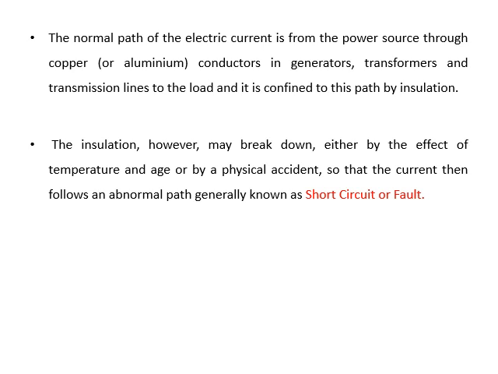The conductors which are present in the generator, transformers and the transmission line are already insulated. But there's a chance that there may be a breakdown in the insulation, or there may be an effect of temperature, or by physical accident the current follows the abnormal path, which leads to a fault. Basically, the overhead transmission lines are bare conductors. They are not insulated. Air acts as the insulation for them.